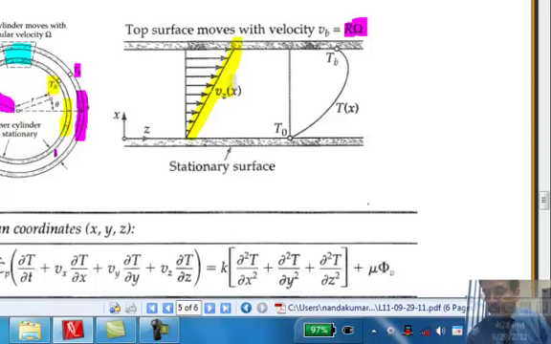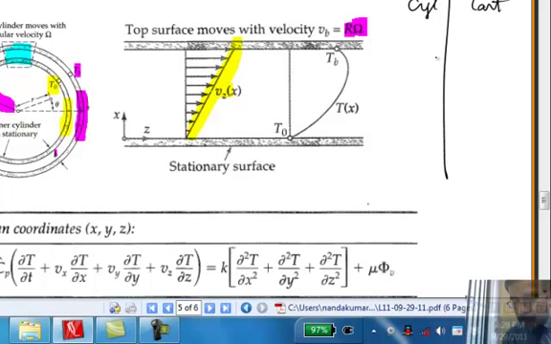So the velocity profile is linear between the top and the bottom, and it's probably worthwhile to note the relationship between the cylindrical coordinates and the Cartesian. In cylindrical coordinates, we have r, theta, and z. From this figure, which coordinate corresponds to r? X, because r is in the radial direction as you go out.